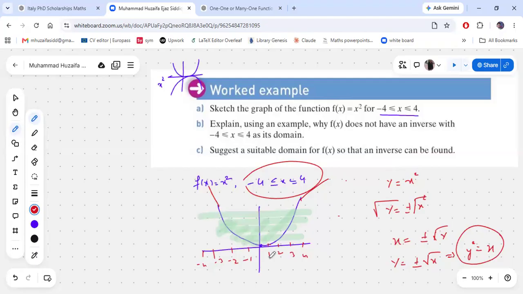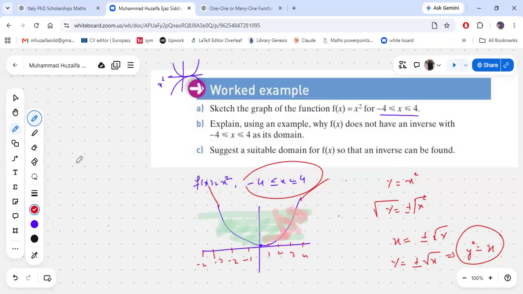You can work it out. Zero is less than or equal to x, and x is less than or equal to 4. Yes, so you are saying something like this.